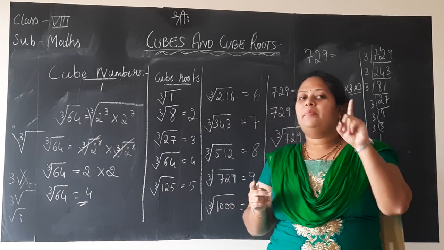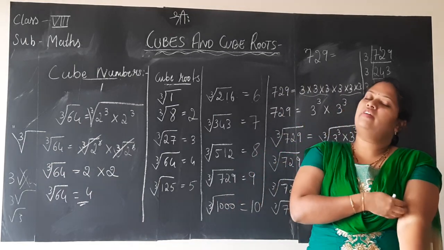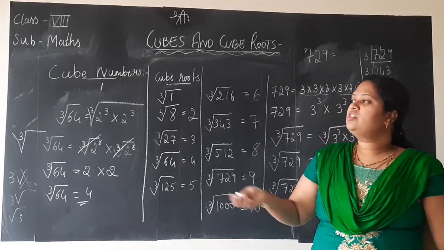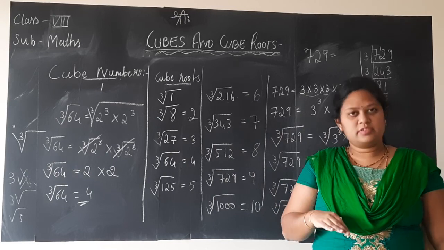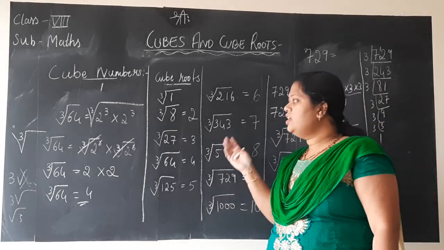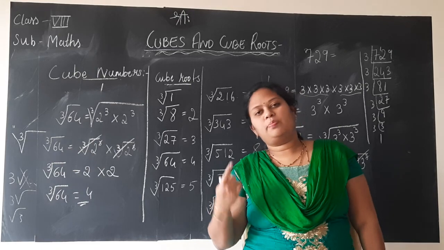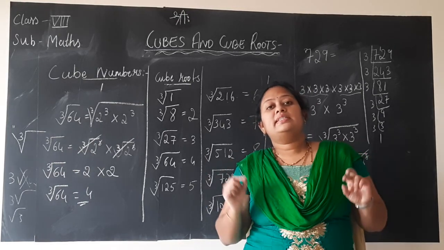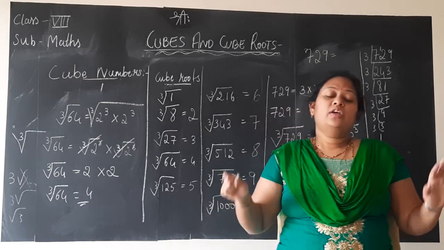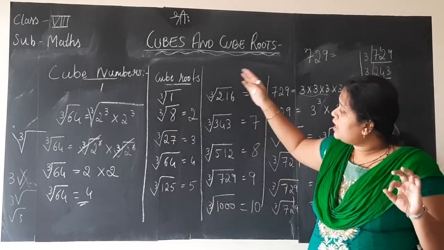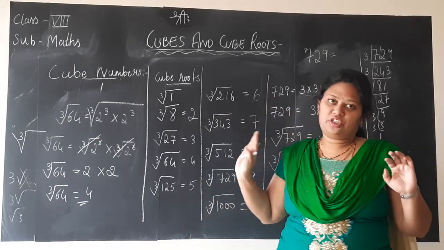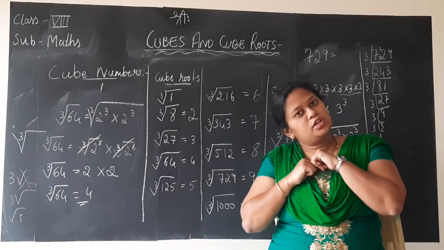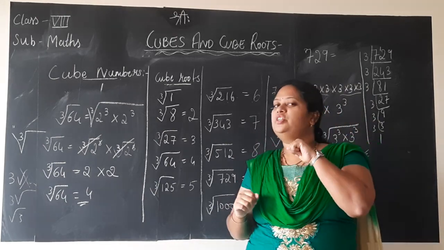First method is the prime factorization method, which you are all very much used to already, because we solved the same in the squares and square roots chapter, even in the first exercise of this lesson. Second method is the estimation method. Without actually doing prime factorization, you have to find the cube root of a number. How? We shall learn now.